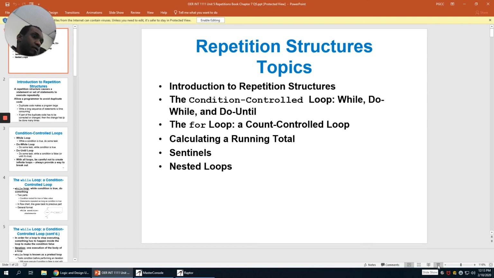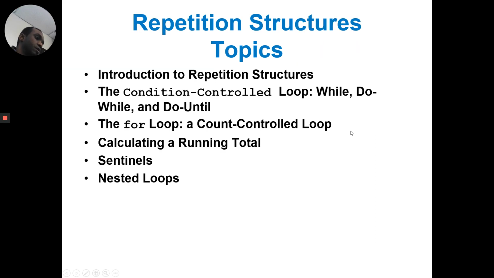Okay, hello everyone. In this session today we'll discuss what's called repetition, or loops. This is when you want to repeat the same message over and over again, or as long as something is true. We will talk about while, do while, and do until, which is really not used.